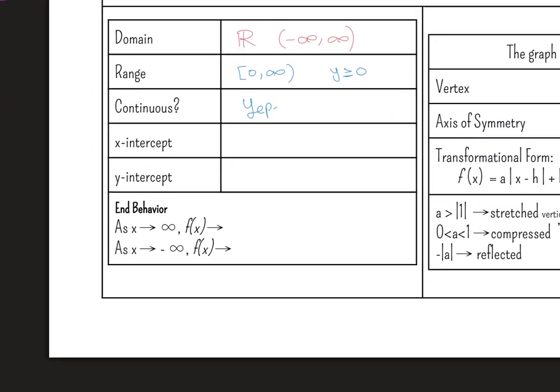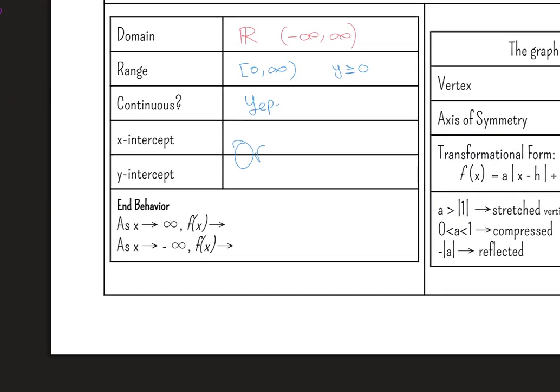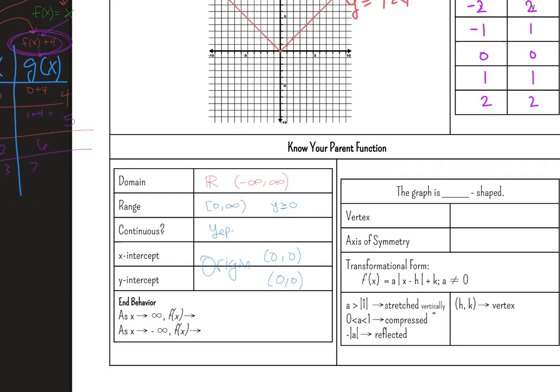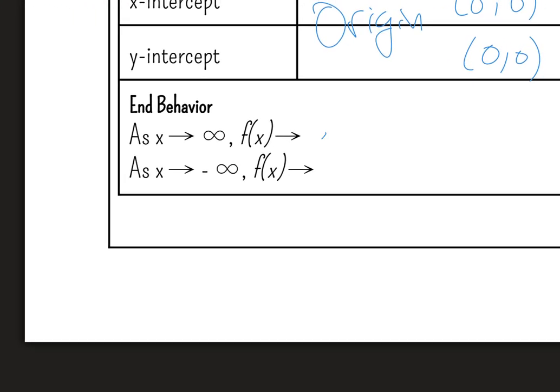The x-intercept and y-intercept here are the origin. So 0, 0 for both of those. The end behavior, well, as x approaches infinity, looks like y is approaching infinity, right? And then the same thing on the other side.